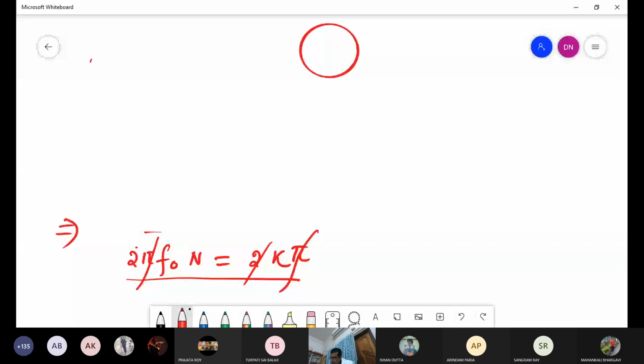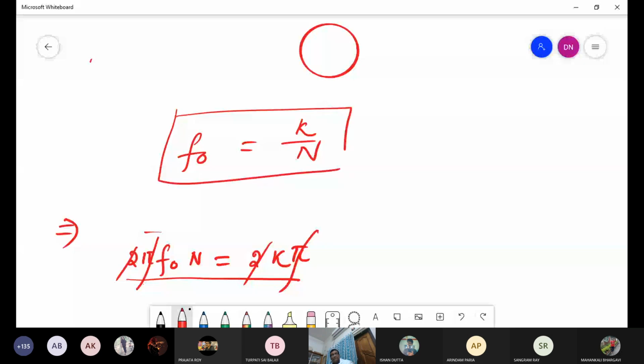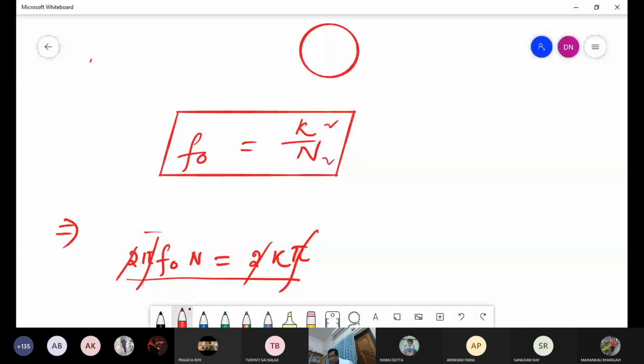That means f0 is equal to k by N. So f0 is equal to k by N. That means it is a rational number. K is one integer, N is another integer, so it is the ratio between two integers. Capital N is not equal to 0, because we have considered that N is greater than 0.